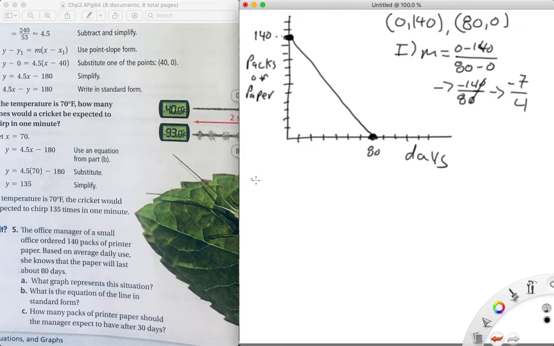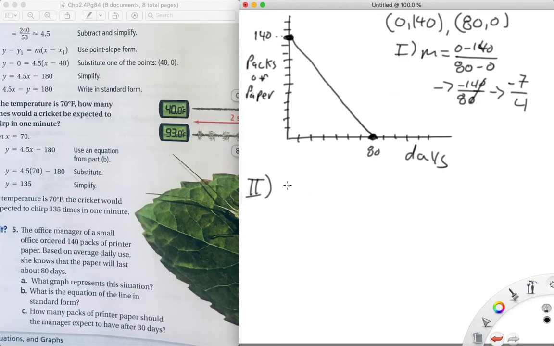Step 2, we can put it in point-slope form first in order for us to put it in standard form. So I'm going to use, it doesn't matter which one, let's use this one, the 80 and the 0.